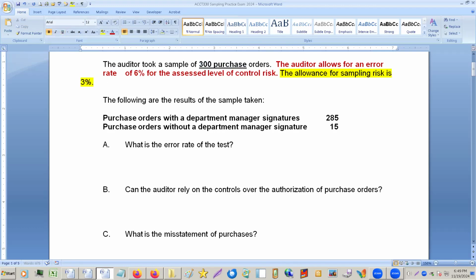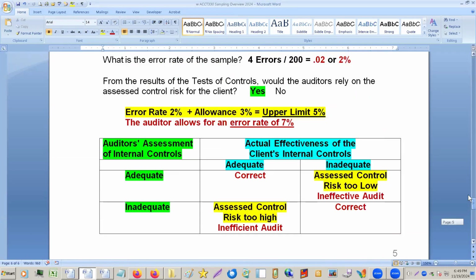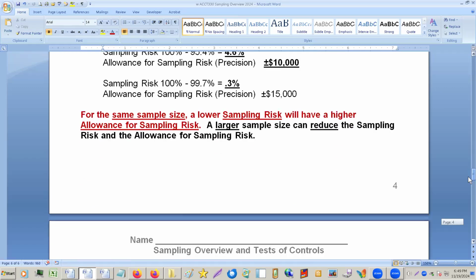I don't know why I do this. But it's 5%, I think. Wait one second. I did it with the 285. Was it not the 300 purchase orders? Okay, yeah. So you're going to do the 300. So let's say that. Why don't I do that in something? What do I call it? I want to be consistent.